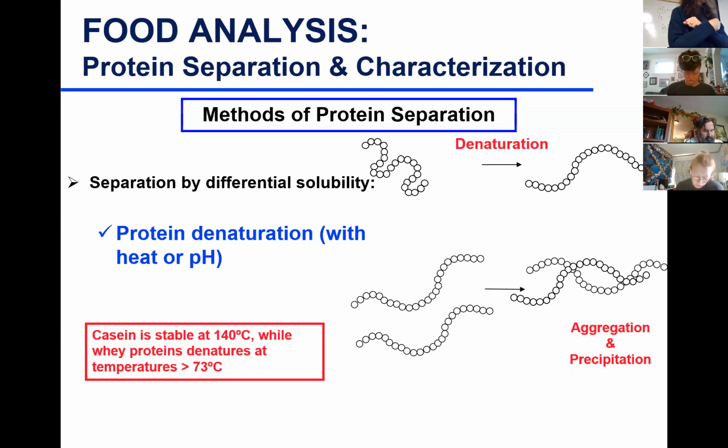You can simply heat it to over 72 degrees Celsius. Whey protein will denature, both beta-lactoglobulin and alpha-lactalbumin, and they will interact with each other, precipitate, and separate from other components or solubles in whey, such as lactose and salts.